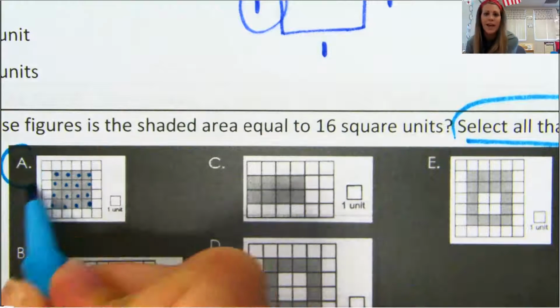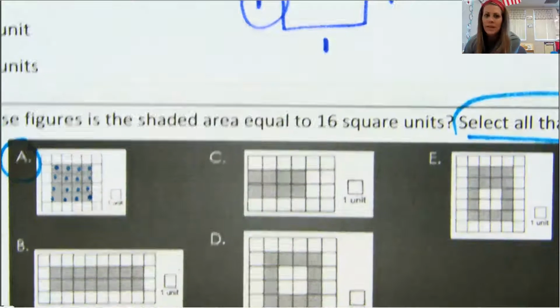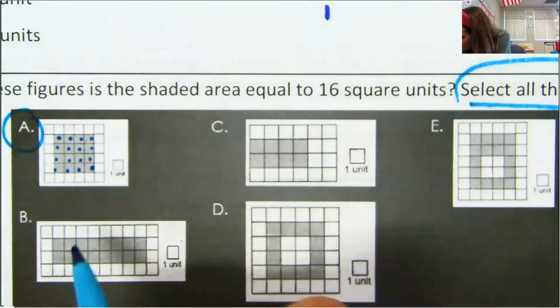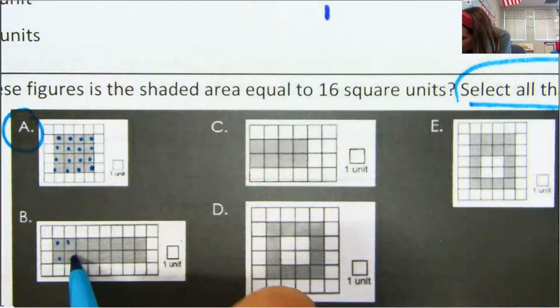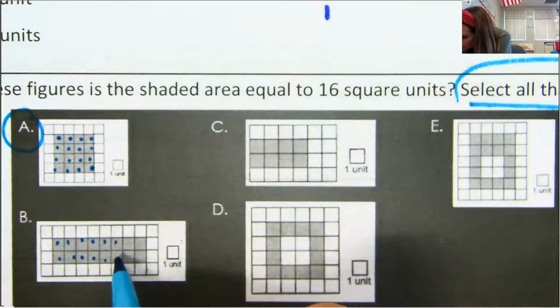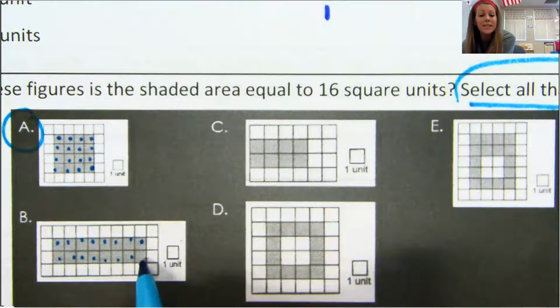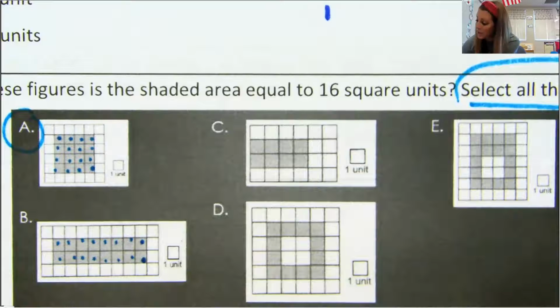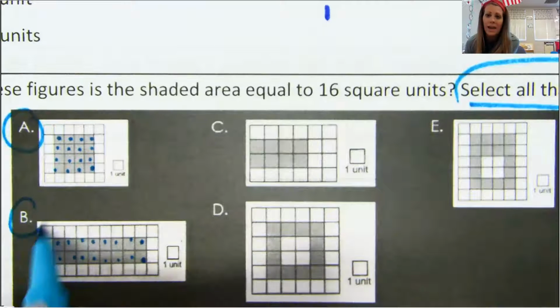You should have picked A, okay? If you look at B, we've got 1, 2, 3, 4, 5, 6, 7, 8, 9, 10, 11, 12, 13, 14, 15, 16. You should have also picked B, okay?